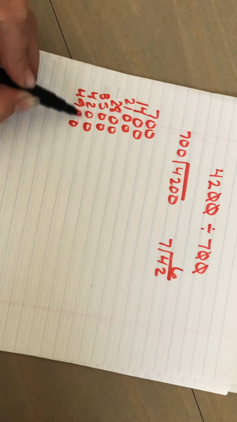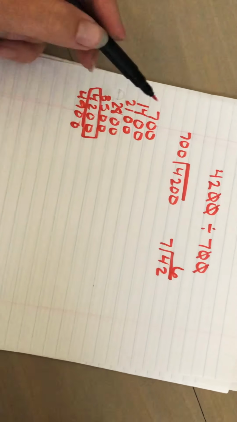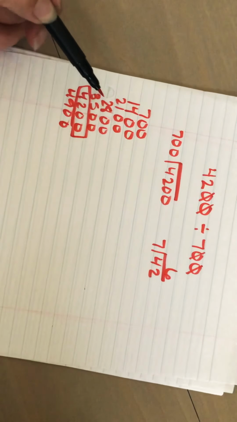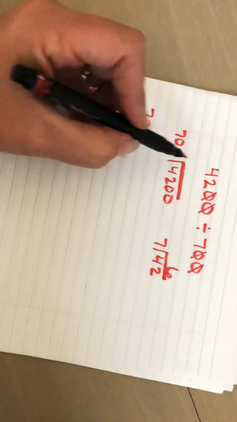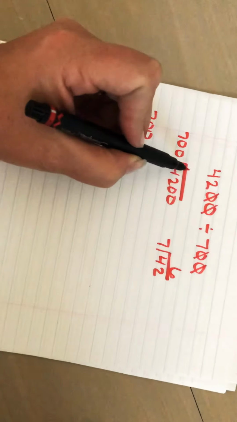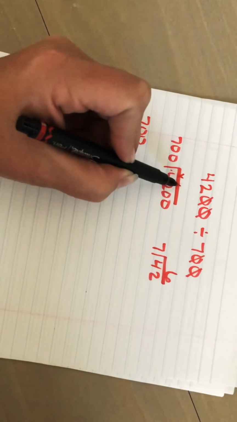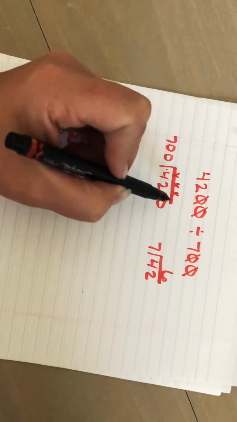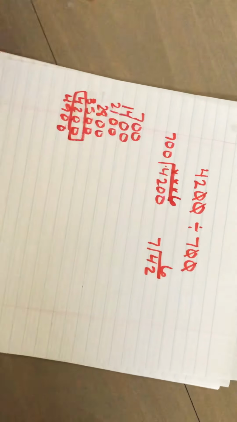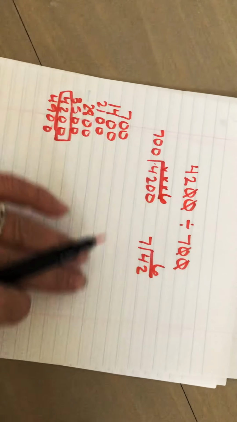Oh, look, there's 4,200, right? That's 1, 2, 3, 4, 5, 6 times. Now, since I'm doing 4,200, it didn't go into the thousands place, didn't go into the hundreds, didn't go into the tens, it went into it just 6 times. Okay, so that's O for an O.